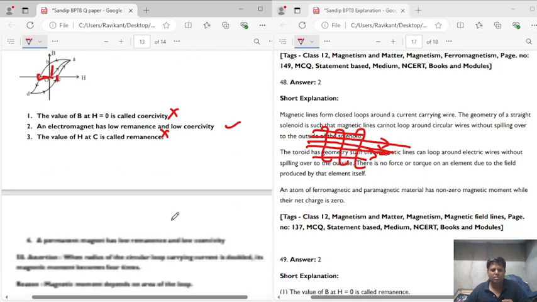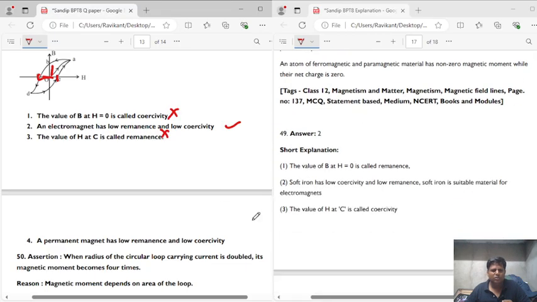Fourth statement says that a permanent magnet has low remanence and low coercivity. No, it has high remanence, and coercivity will also be high, right? So this statement is also wrong. A permanent magnet has high remanence and high coercivity. They are giving it as low, so this is wrong.